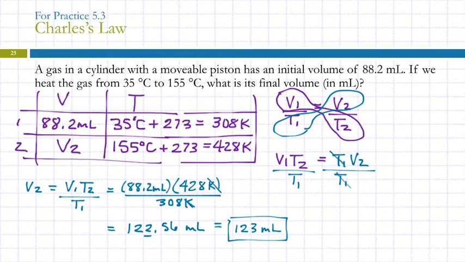I did it a different way. Multiplied it by T2 on both sides, and I got the same answer. Would it give me different answers, though, eventually? If you do your math correctly, you'll be fine.